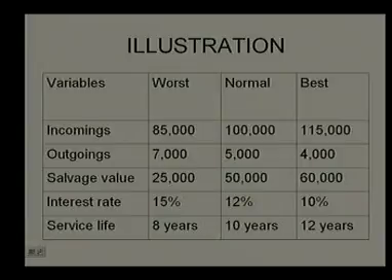Salvage value 50,000, interest rate 12%, service life 10 years. So, this is the data which has been reproduced from previous problems, and since we have estimated them as the most likely values, we are calling them the normal scenario.